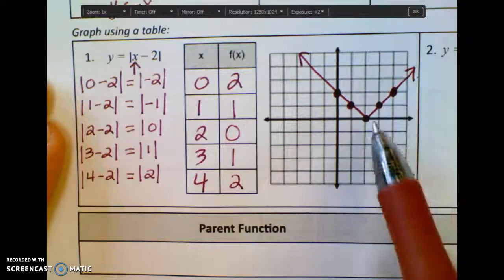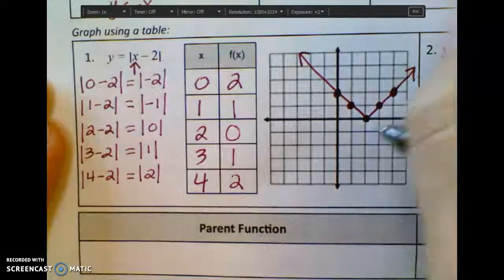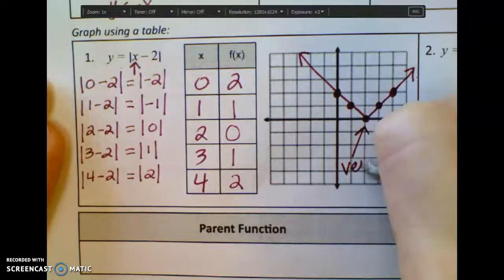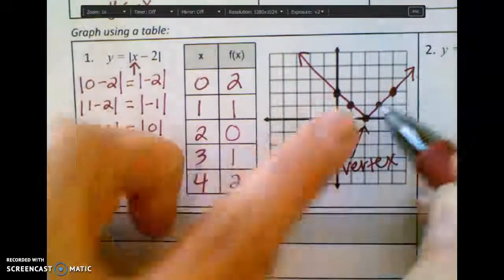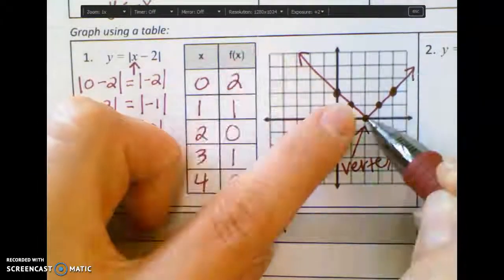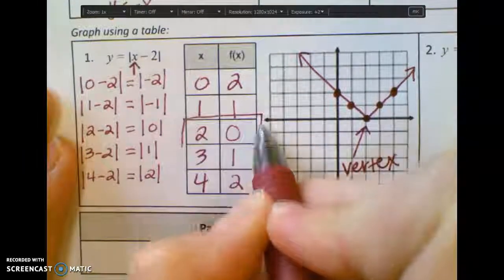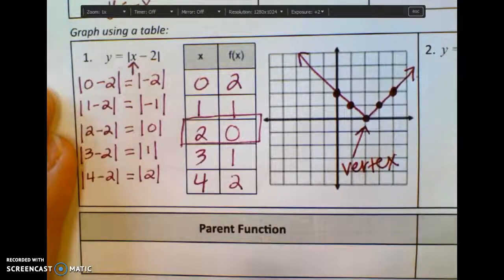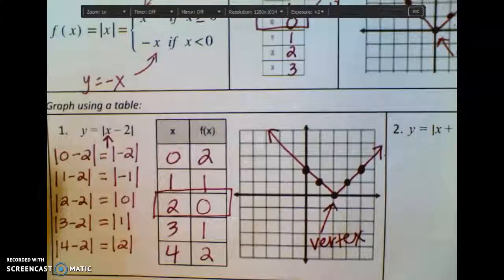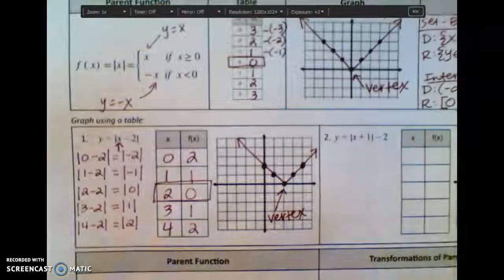So let's look at this real quick and identify our vertex. So remember, the vertex is wherever those two lines come together, because these are two separate equations and they come together at this vertex. There's our vertex on our table, 2, 0. And then real quick, let's compare this to the one we graphed above it, the parent function.